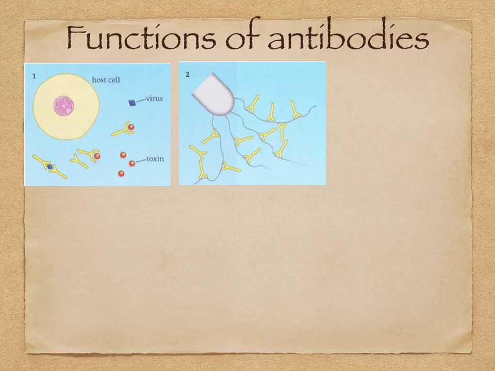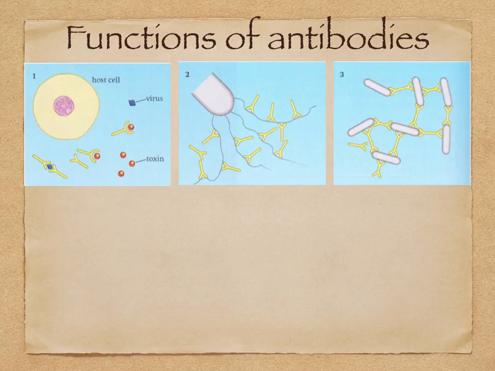They can attach to the bacterial flagella and immobilize the bacteria so that they are easier to engulf. They can cause agglutination of bacteria by attaching to multiple binding sites.